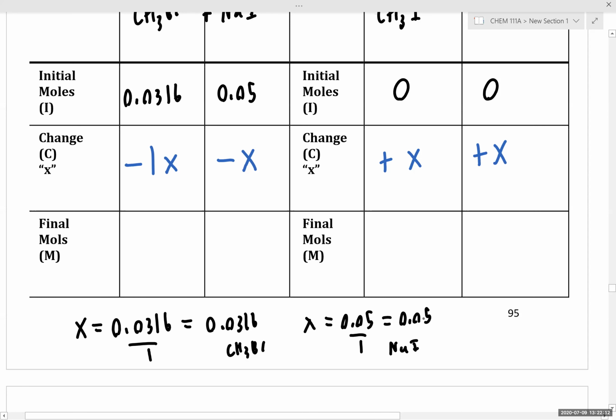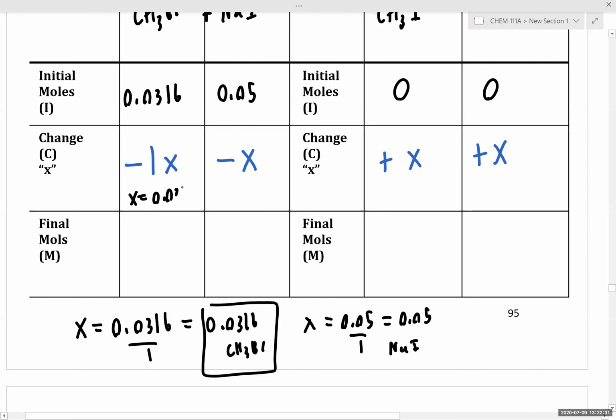My question to all of you is, which of these values of x is smaller? Which reactant is limiting? Methyl bromide.